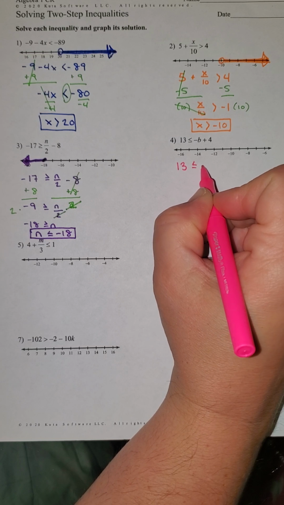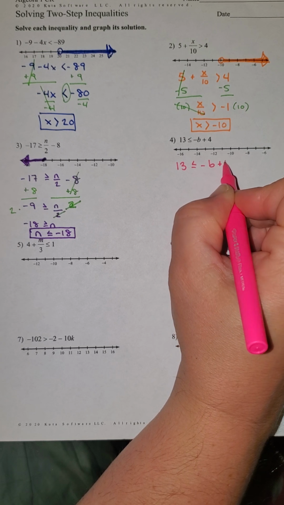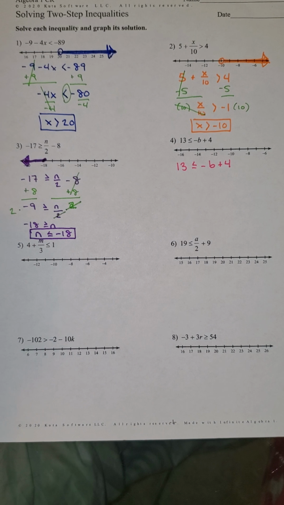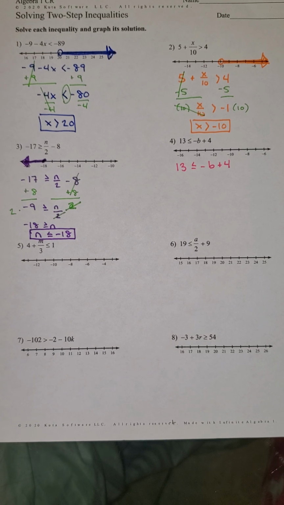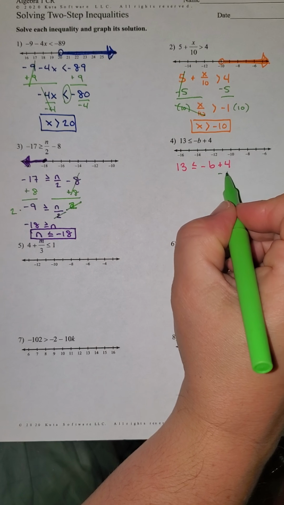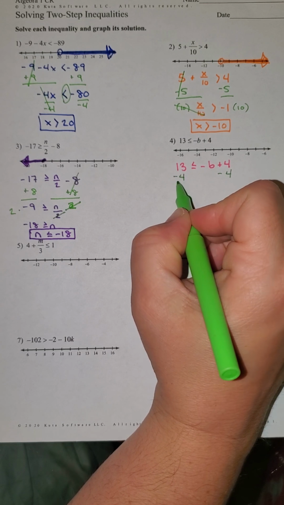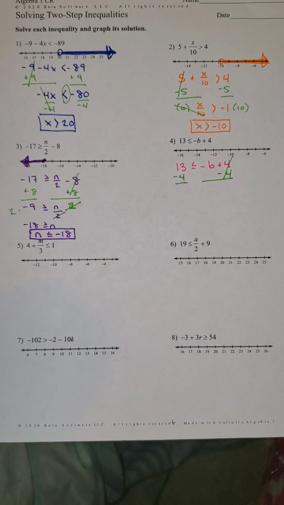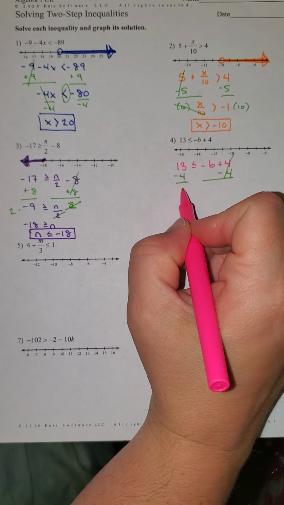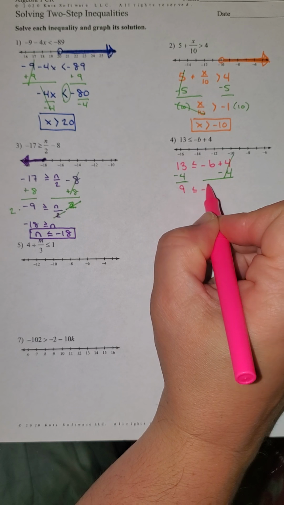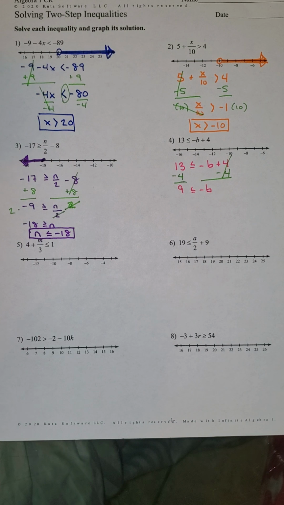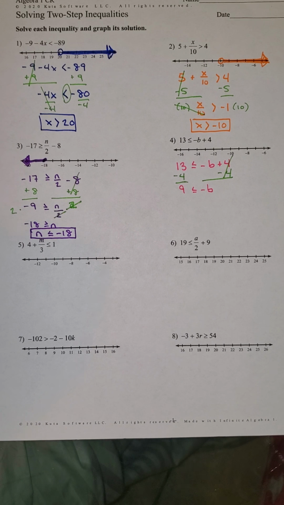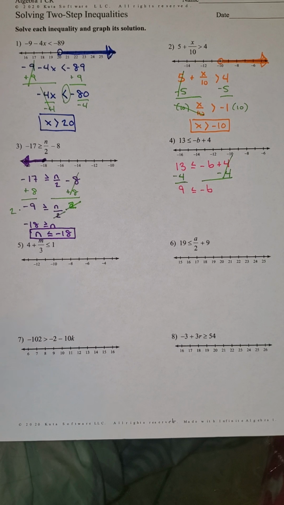So 13 is less than or equal to negative b plus 4. You start by undoing your addition and subtraction, so subtract 4 from both sides. So you're going to have 9 is less than or equal to negative b. And actually what you're going to have to do here is divide by a negative 1.